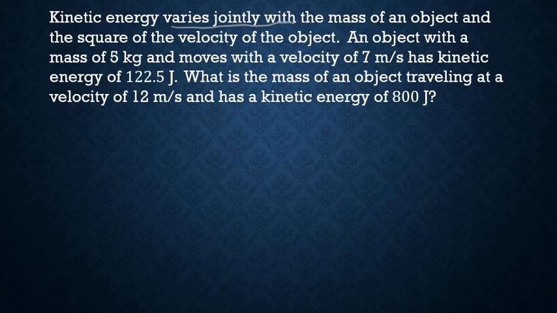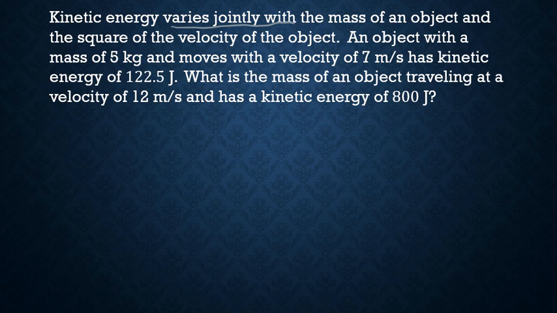Kinetic energy, you can give it whatever name you want, varies jointly with, aka will equal, our constant of variation k times the mass of the object times the velocity squared. That's the square of the velocity.